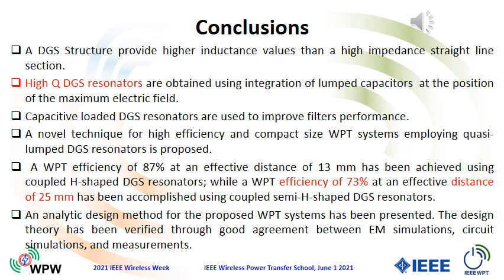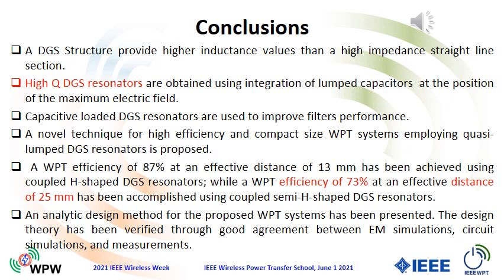A wireless power transfer efficiency of 87% at an effective distance of 13 mm has been achieved using coupled H-shape defected ground structures, while a wireless power transfer efficiency of 73% at an effective distance of 25 mm has been accomplished using coupled semi-H-shape defected ground structures.